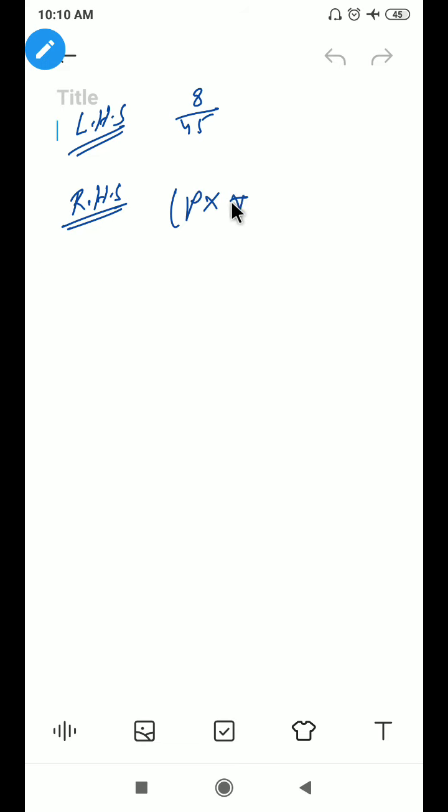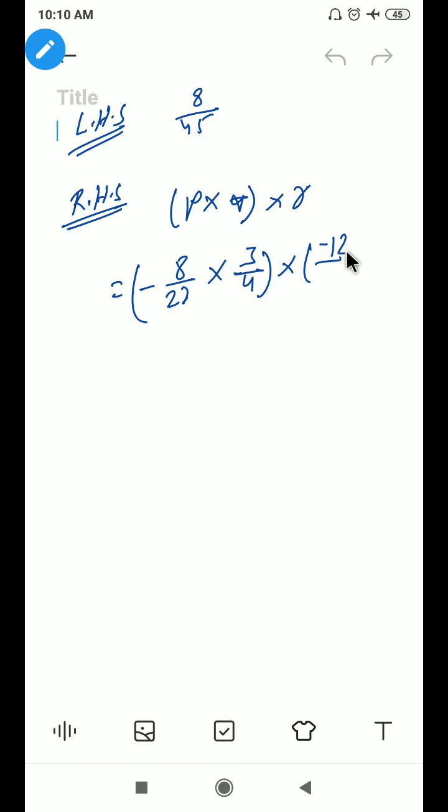You got LHS as 8 by 45. Now find the value of RHS. RHS is given here as P into Q into R. P's value is minus 8 by 27 and Q's value is 3 by 4 into R's value, minus 12 by 15. Firstly do the bracket work first.